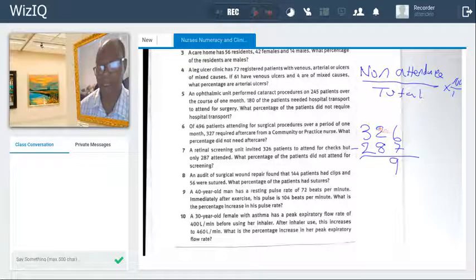And here there's 1 remaining, so borrow 1 from here, and 2 is remaining, so that 1 becomes 10. 10 plus 1, 11. 11 take away 8, it's going to be 3. So this is the number that did not attend. Okay, so 39. So the total is 326.